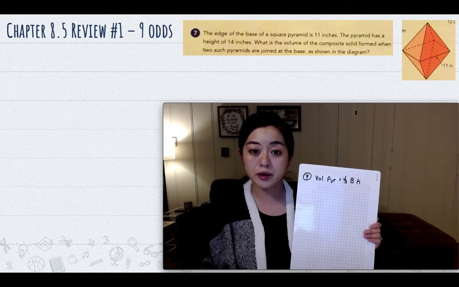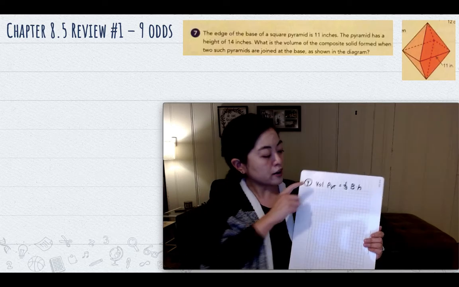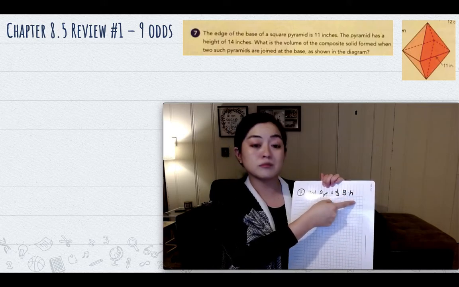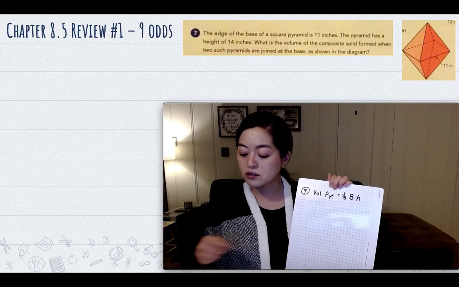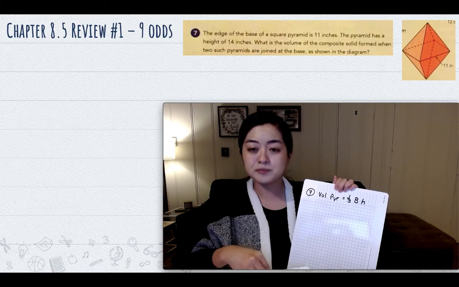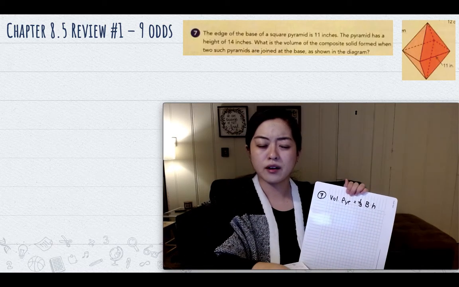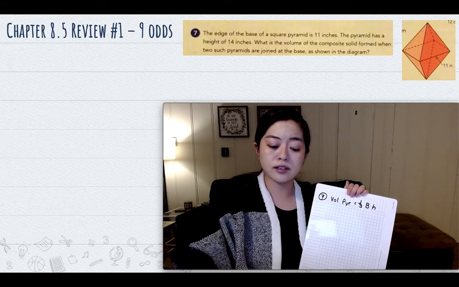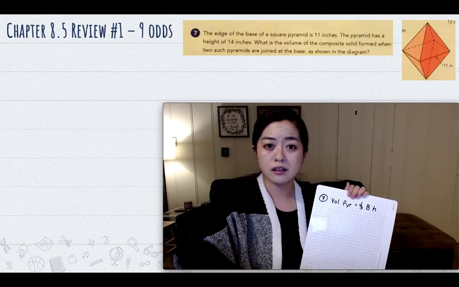It's a square pyramid. And so I remember that the volume of a pyramid is 1/3 times the base times the height. Now in this case, is the base a square or a rectangle? From the information that was given, it says that it's a square, right?